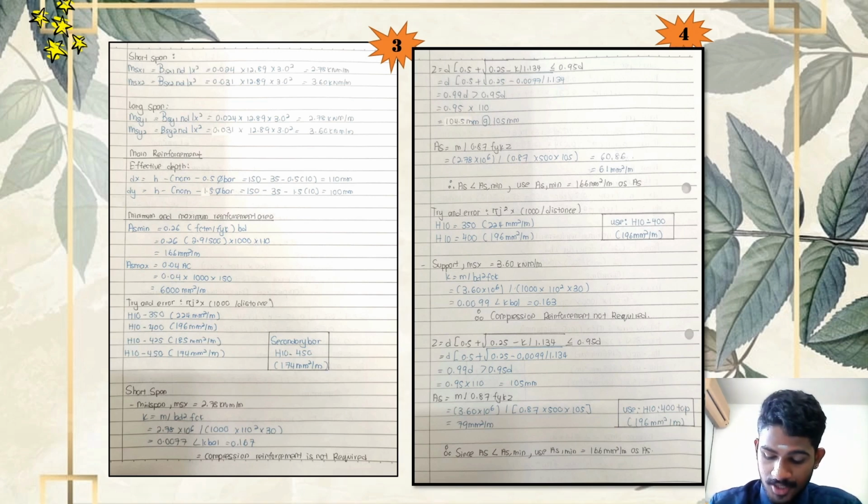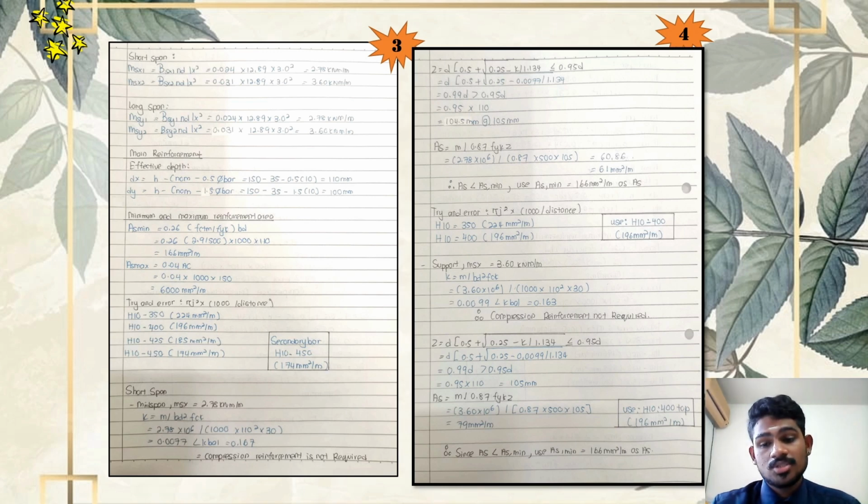So for the short span, firstly, we are going to find the midspan in the short span. Msx is equal to 2.78. To find the k, we are going to use the formula of M divided by bd squared fck. So M is 2.78, which we got in earlier steps, divided by 1000 times 110 squared times 30.